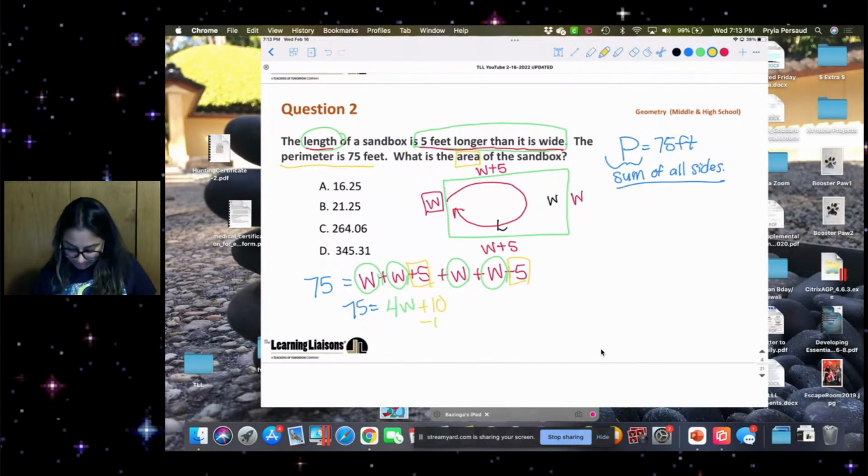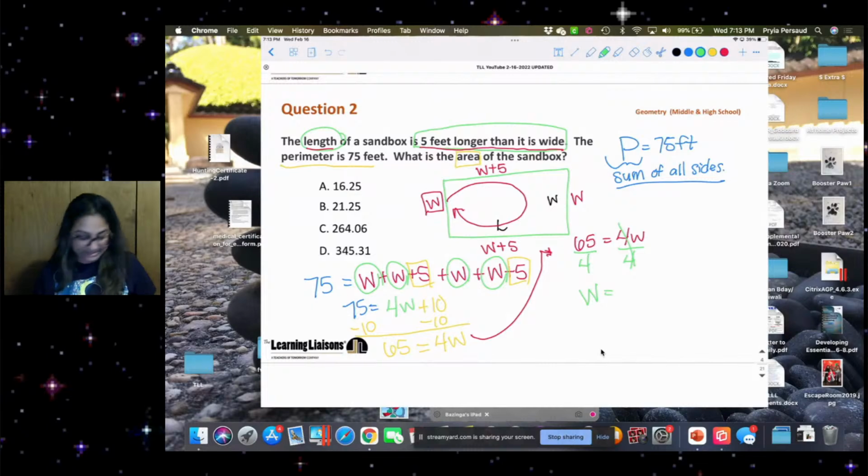I'm going to get W by itself, so I'm going to subtract 10 from both sides. Going to get 65 is equal to 4W. I'm going to move up a little bit. So 65 is equal to 4W. Last step is divide everything by 4 because we get W by itself, and we get this really funky number of 16.25.